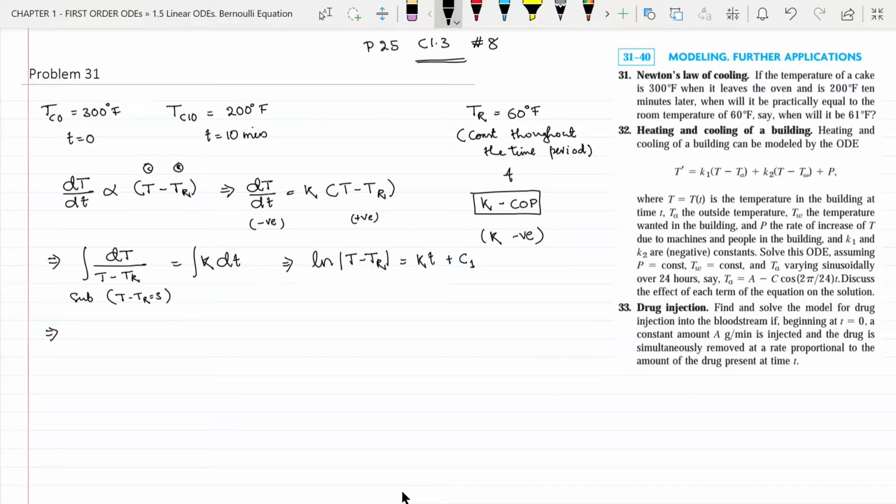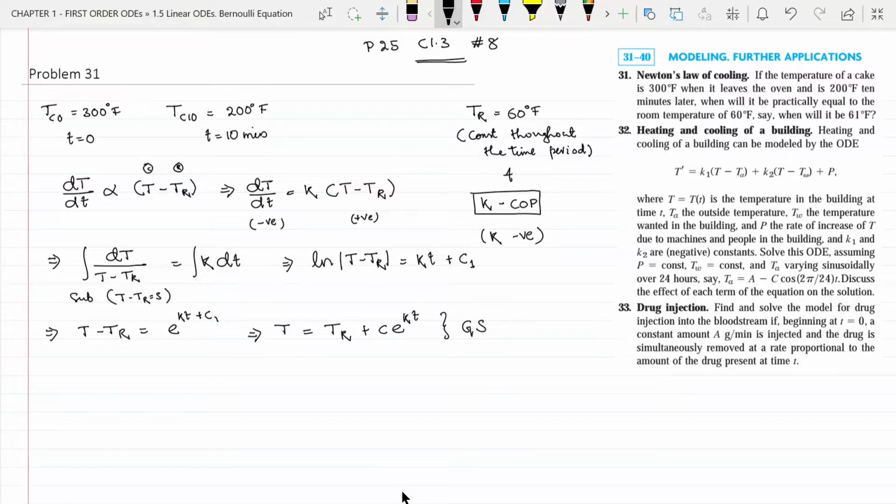This implies T minus Tr equal to e to the power (kt plus C1), which implies T equal to Tr plus C e to the power kt, and this is the general solution.